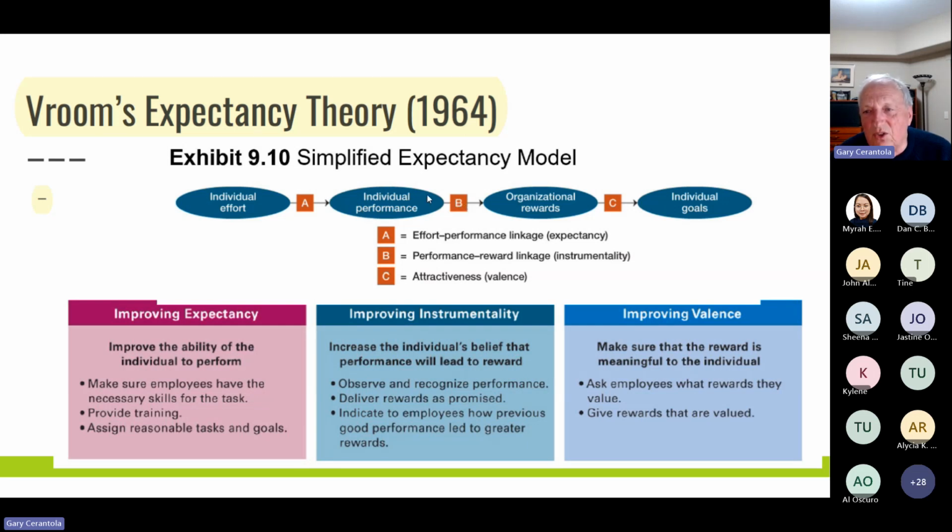You're part of this, so you've got a stake in the game here. What's in it for me. That we're really creating that effect. And then you start getting into the organizational rewards, and that's what this improving valence means. You make sure that the reward is meaningful to the individual.